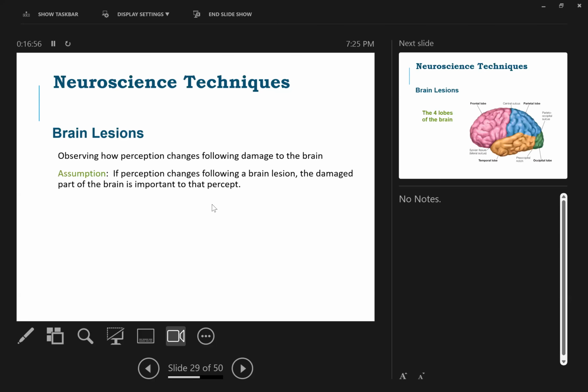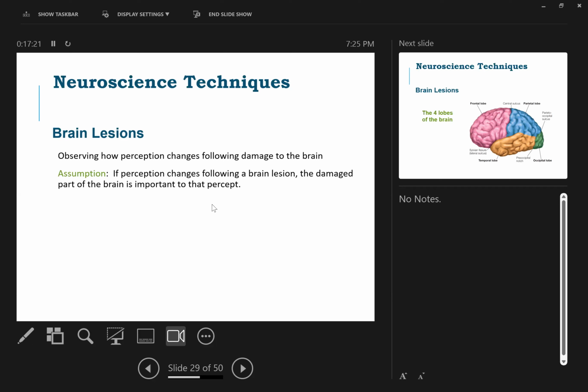Now, what is the major assumption here? Well, the major assumption is that if a certain area of the brain is damaged or deactivated, then we observe some change in behavior. If we observe some change in perception or cognition, it must mean that that area was somehow involved.